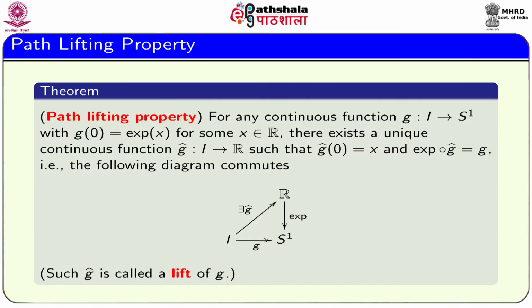We now state the path lifting property for the exponential map. For any continuous function g from the closed interval [0, 1] to the unit circle S1 with the value g(0) equal to exponential of x for some real number x, there exists a continuous function g cap from the closed interval [0, 1] to R such that g cap evaluated at the point 0 is the same point x, and exponential composed with g cap is equal to g.